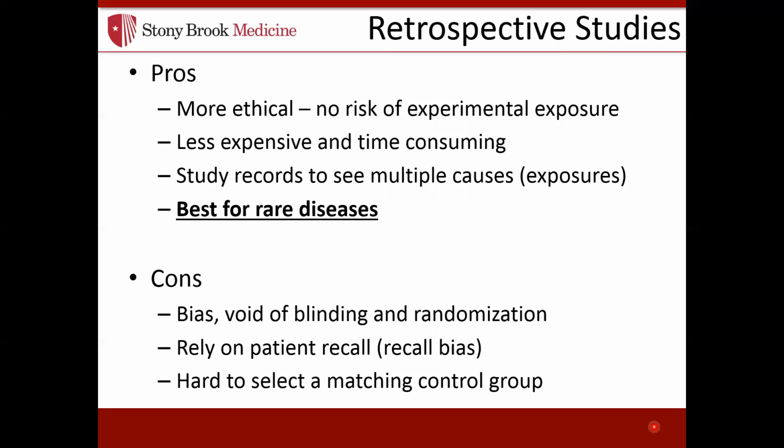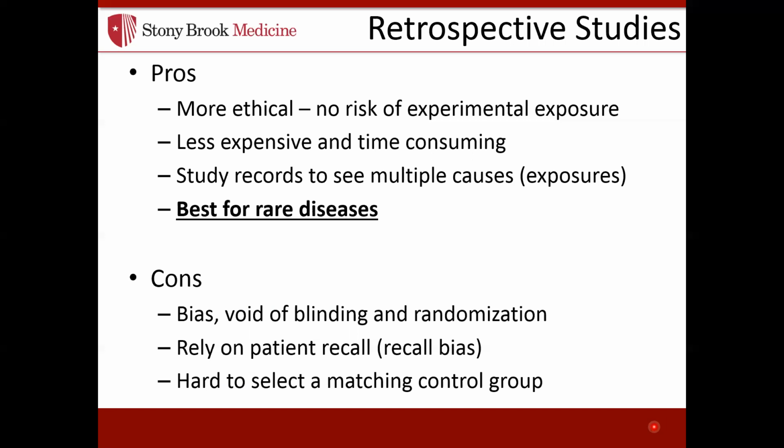So if you have a rare disease state, this is a good type of study to utilize. It is also easy to conduct since you have ready availability of many resources. This can also be good for looking at outcomes when a prospective intervention would be considered unethical.